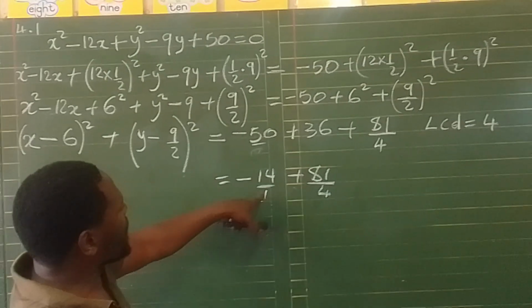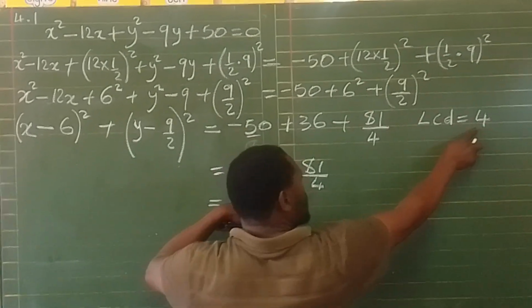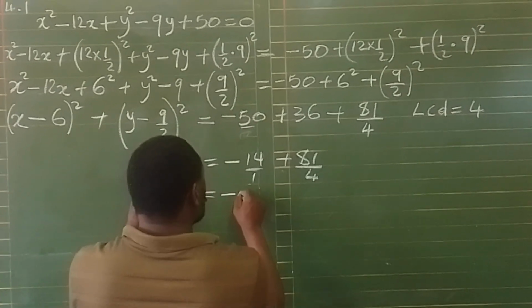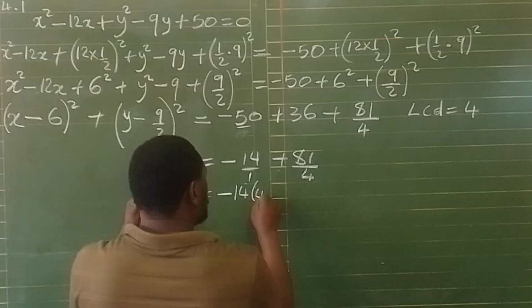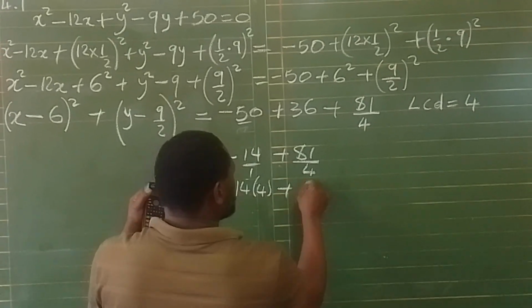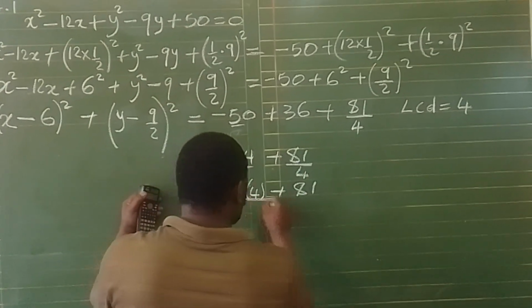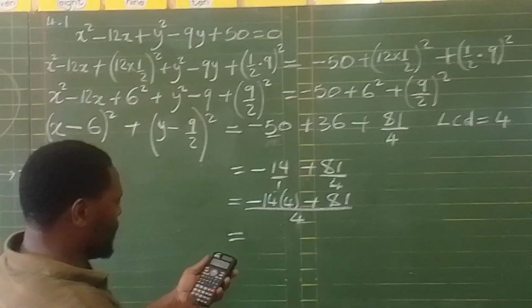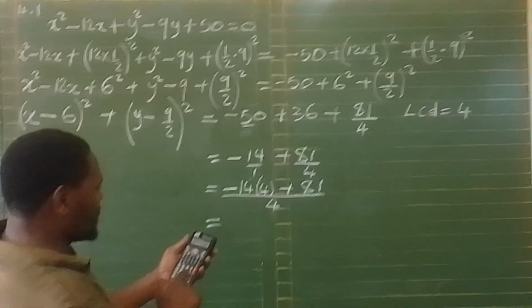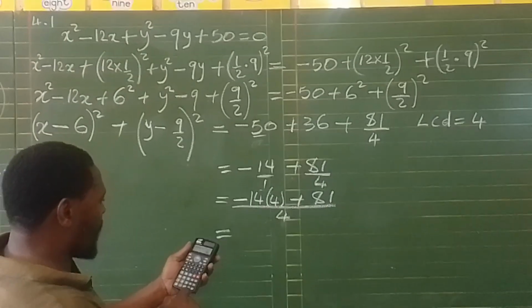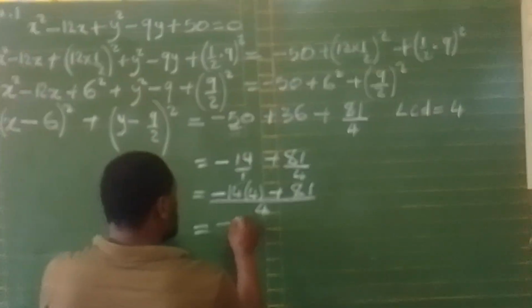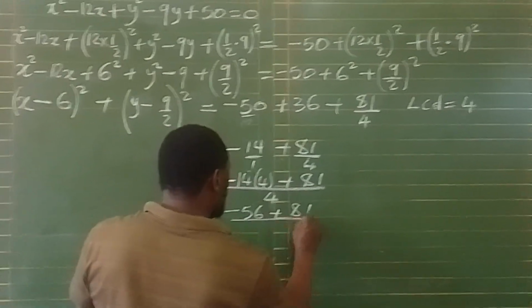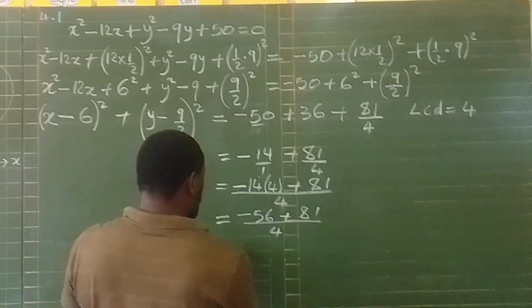Then I come and say 1 goes how many times into 4? It goes 4 times. 4 times minus 14 plus 81, all over 4, which is minus 56 plus 81 over 4.